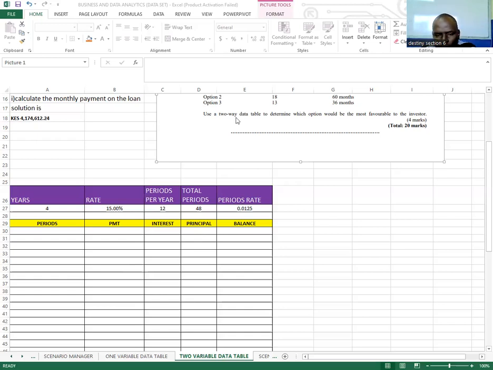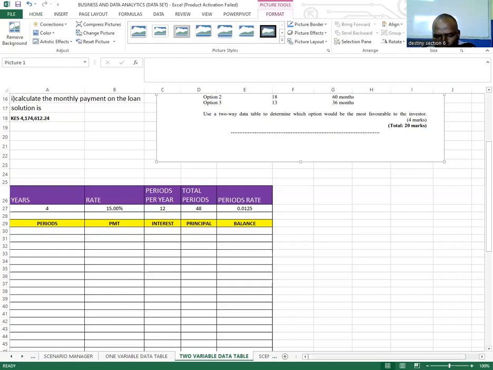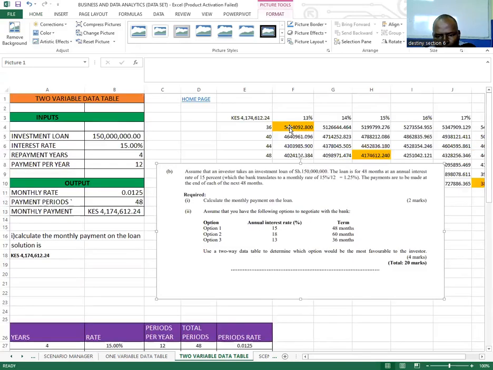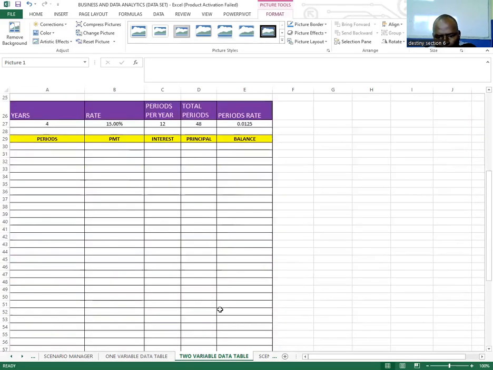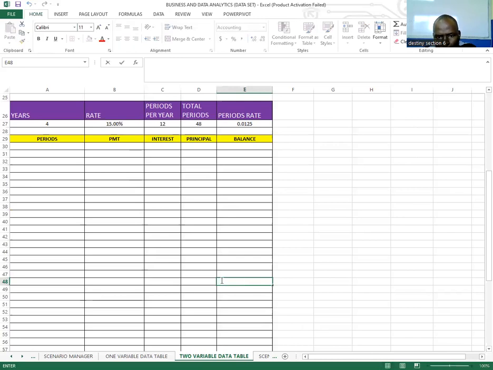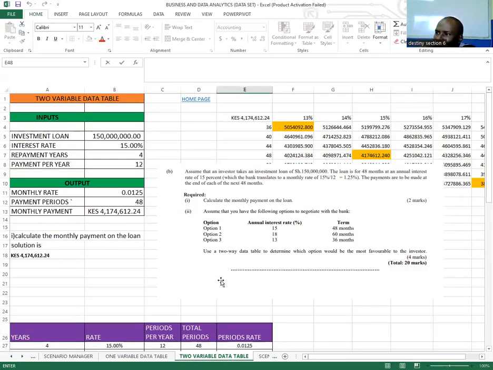Any question? Yes. We selected the row input side.